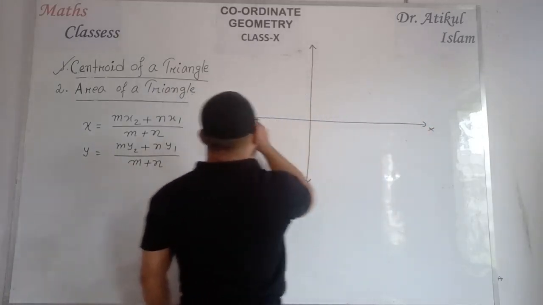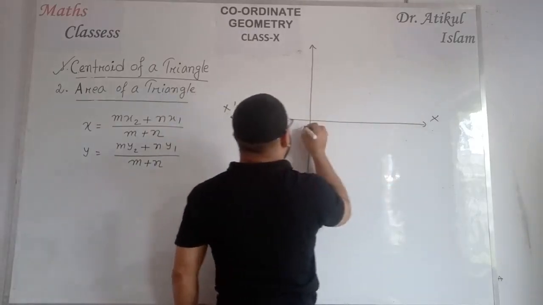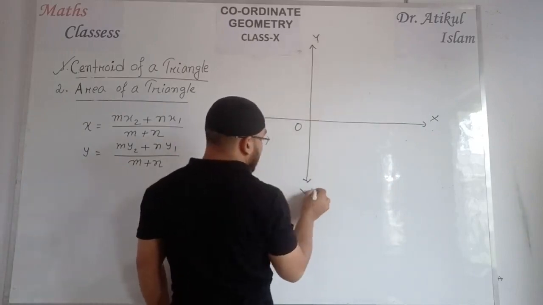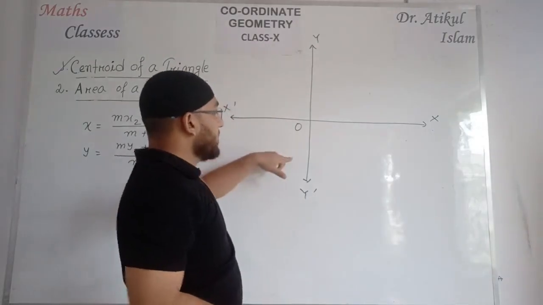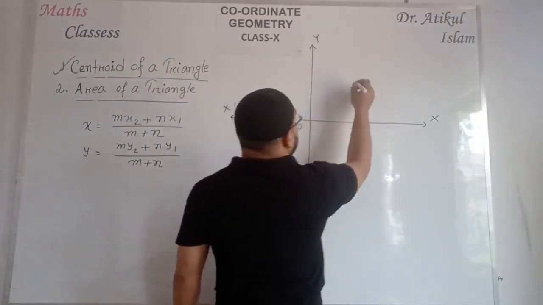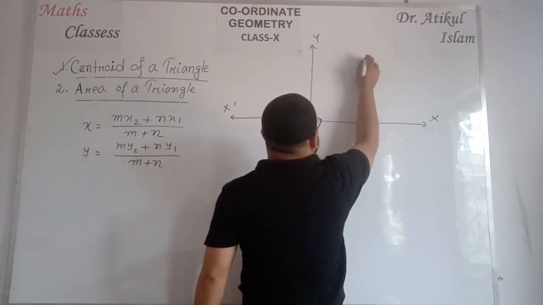Say this is your X'OX, origin, and Y'OY. Here X'OX and Y'OY are perpendicular lines. Now draw a triangle here.